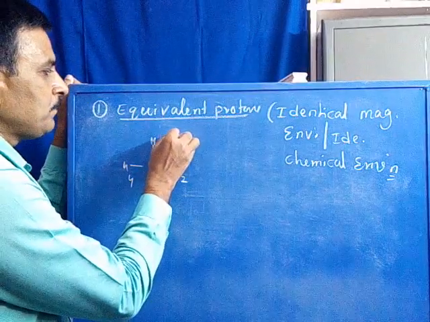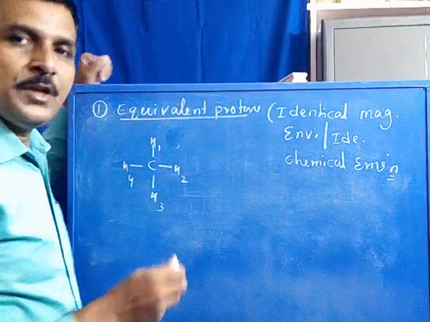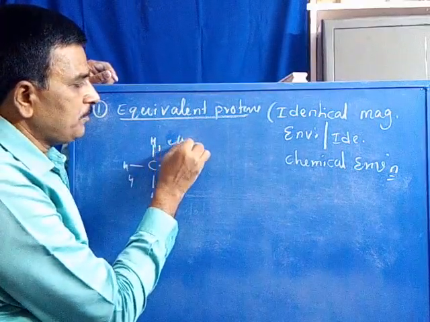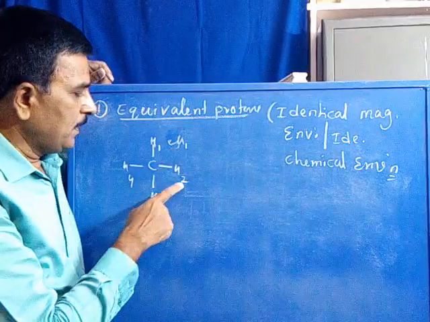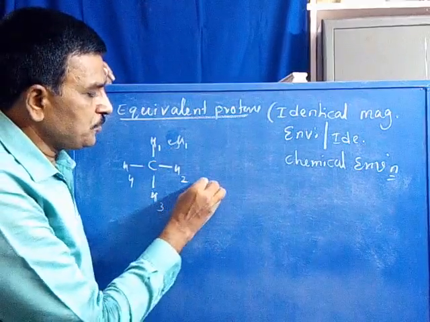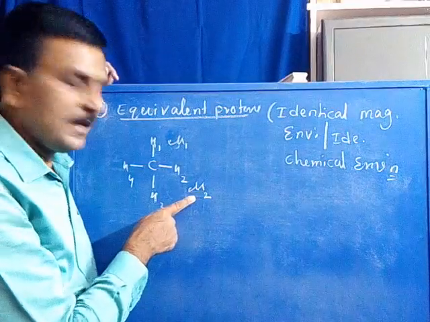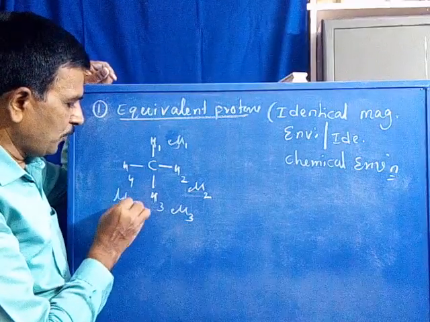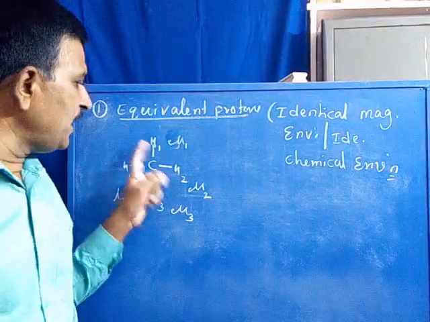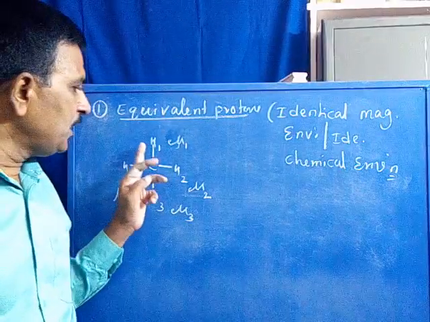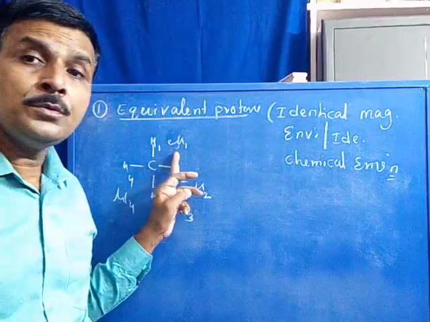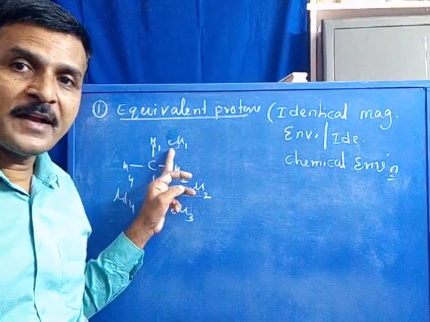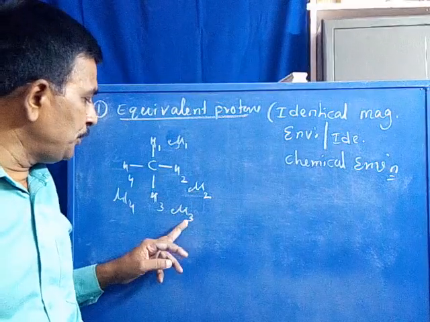Due to the spin, H1 hydrogen generates a certain secondary magnetic field, that is nu1. Similarly, due to the spin, H2 hydrogen also produces a secondary magnetic field. H3 hydrogen nu3, H4 hydrogen nu4. So each and every hydrogen, due to nuclear spin, is able to generate a certain amount of induced magnetic field, say nu1, nu2, nu3 and nu4.